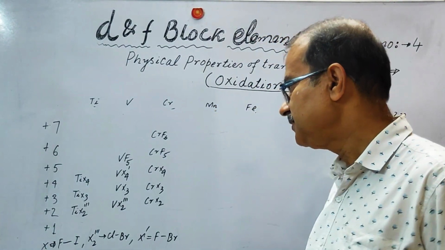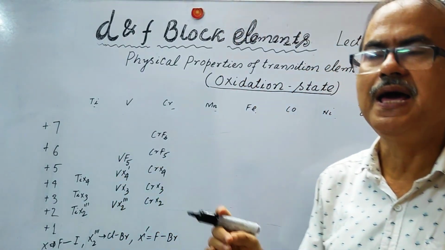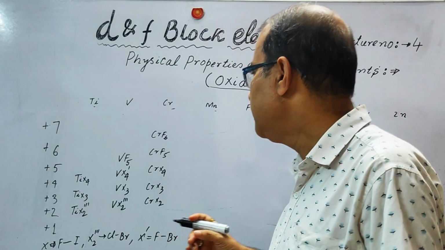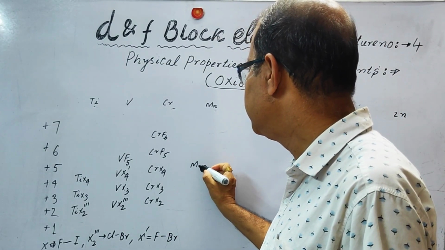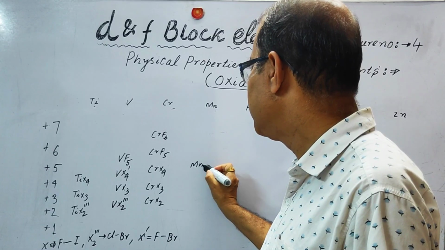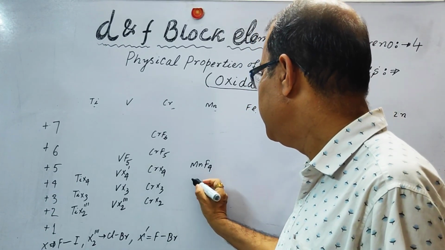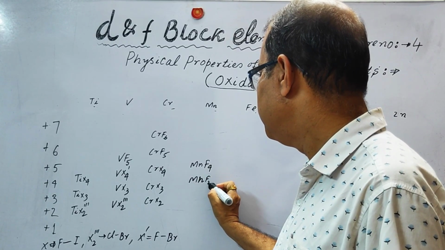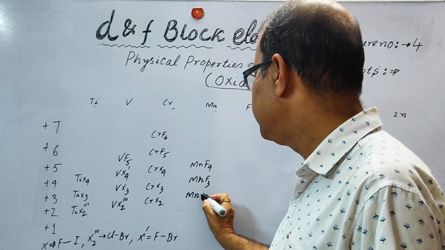And for manganese, what we find is that for simple halide, it will not show the highest oxidation number. For simple halide, it will start from the +4 oxidation number, from the tetrafluoride of manganese, then trifluoride of manganese, and then MnX2.